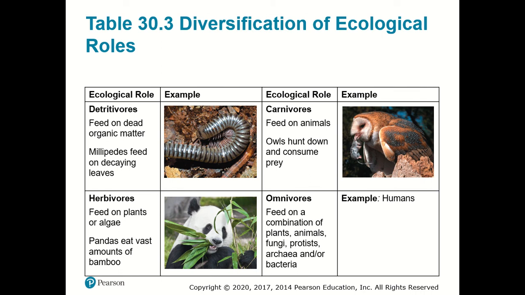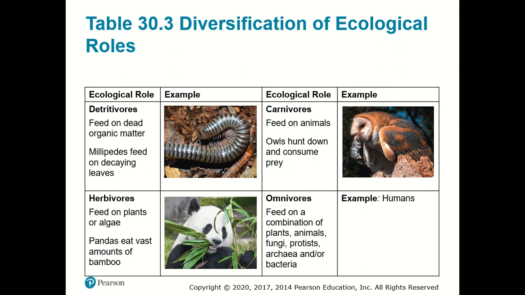So moving on to other innovations, animals also show variation in the ways and means to eat. So a means to obtain prey and food in order to make energy. Yeah, so there's 4 different types here. We have detrivores, herbivores, carnivores, omnivores. You've heard of these before.